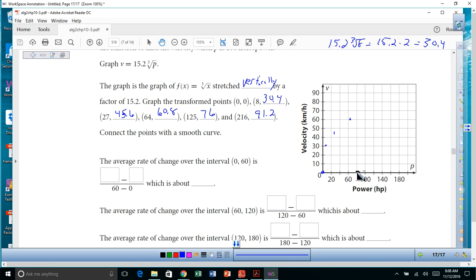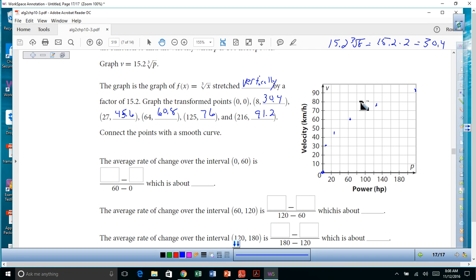And then 125, so that's 120, 125, and 76. That's going to be a little closer to that there. And then, let's see, 140, 160, 180, 200, 220. So it's going to be close to the inch, and that's 91.2, maybe right in there, something like that.